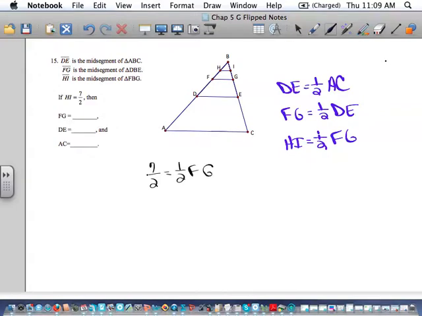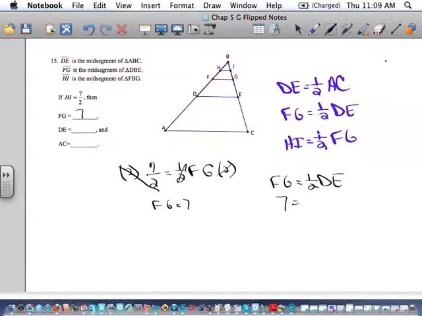So you just multiply both sides by 2. Okay, those 2's will cancel. The 2 and the 1/2 will cancel. So FG is equal to 7. Then you know that DE, you're looking for DE. So FG is equal to 1/2 DE.